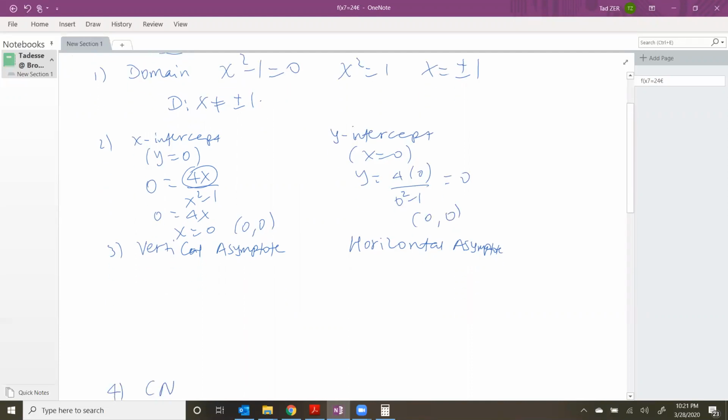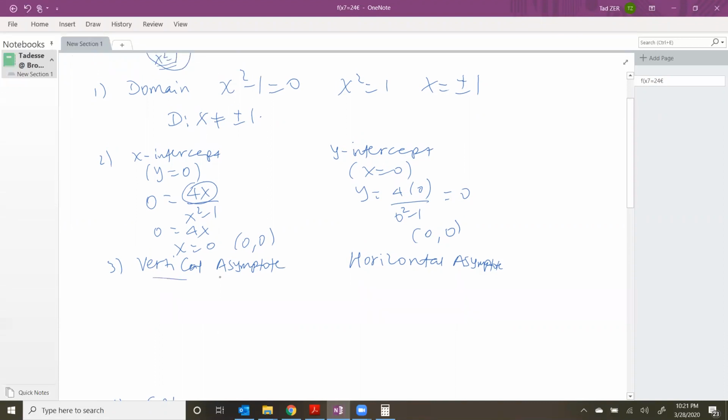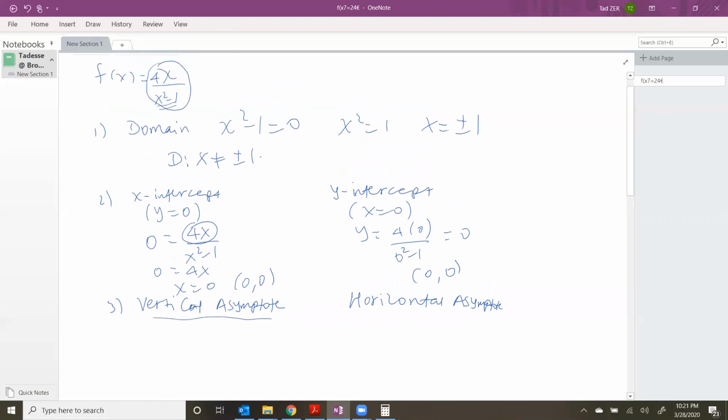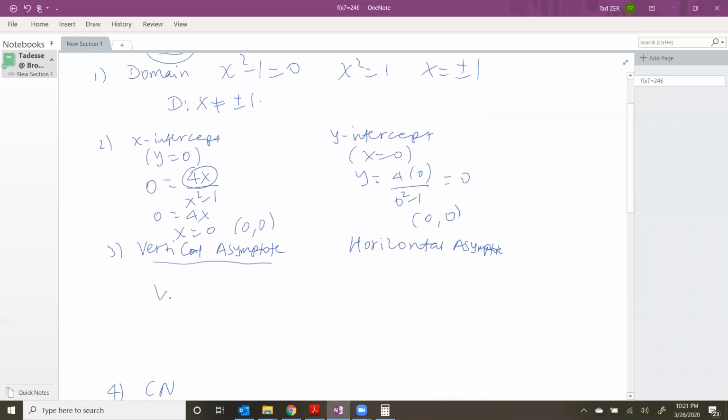So how do I find the vertical asymptote and horizontal asymptote? For a vertical asymptote, first you need to find the candidate. The candidate is the zero of the denominator. So I'll just find the limit of 4x over x squared minus 1 as x approaches 1.